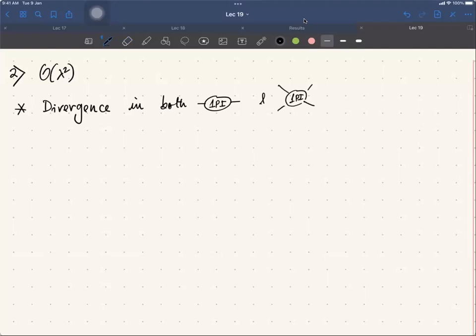For 2.1 pi, we have the following diagrams at order lambda square. I mean, up to order lambda square, we have order lambda diagrams.